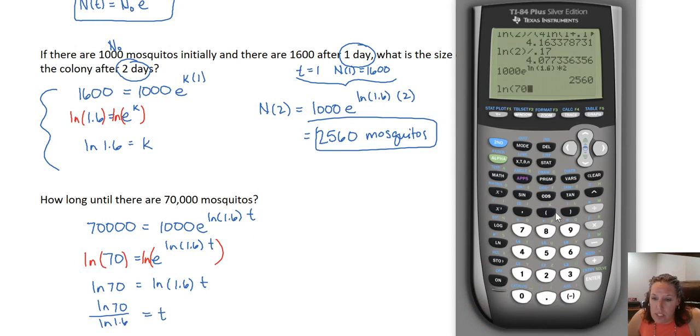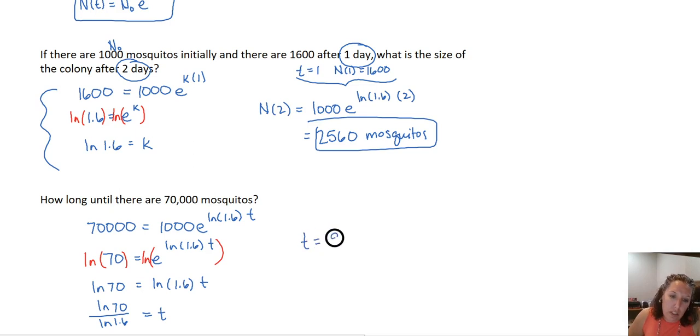So the natural log of 70 divided by the natural log of 1.6 gives us 9.04. And our units on this are still in days. So it's only going to take a little more than 9 days to get 70,000 mosquitoes.